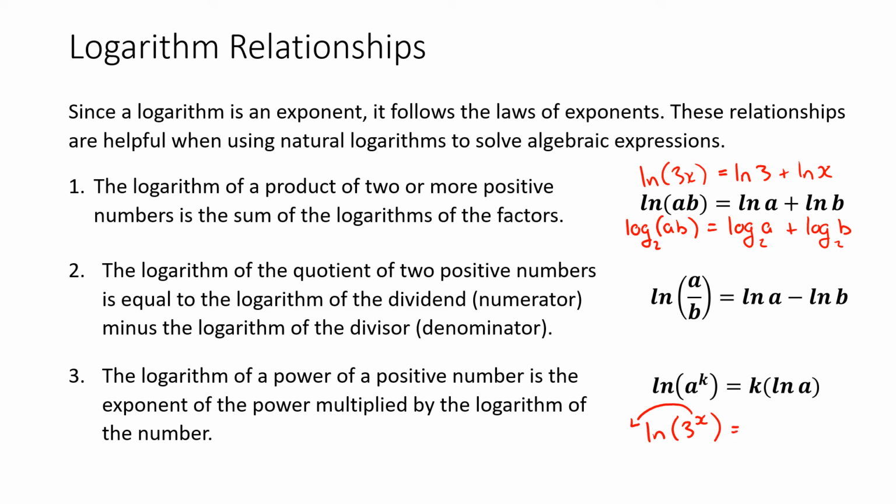So this becomes the exponent x multiplied by, and now just the ln of 3. Okay, and ln of 3 you can put in your calculator. This is, in my opinion, the most useful of the three rules. All three of them are used quite extensively, but this one really allows you to solve for that additional exponent, and that's a very important piece. Okay.